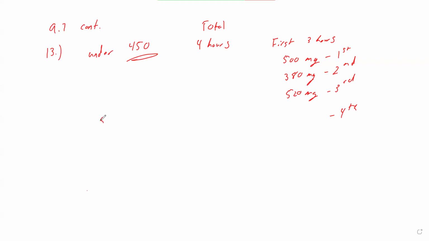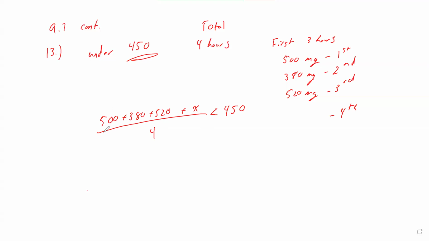So this is the 500 plus 380 plus 520 plus that fourth hour that I don't know. So I'm going to call it X. I would divide it by 4 since there's 4 quantities. And I want to be under 450, so less than 450. Not less than or equal to, but less than.